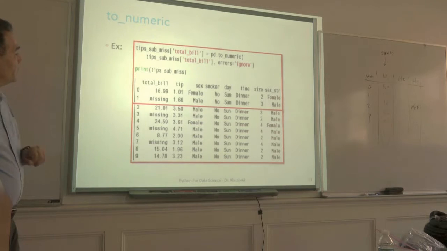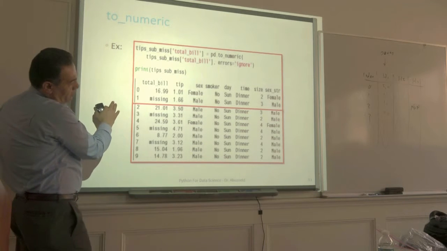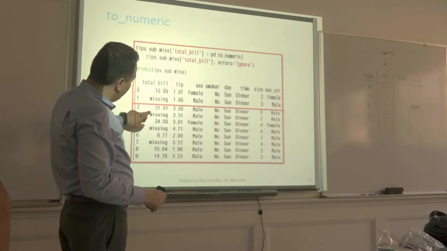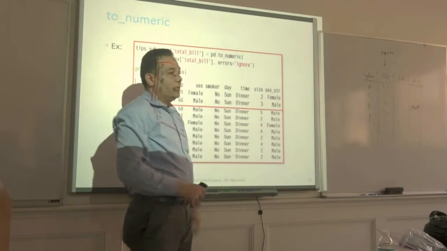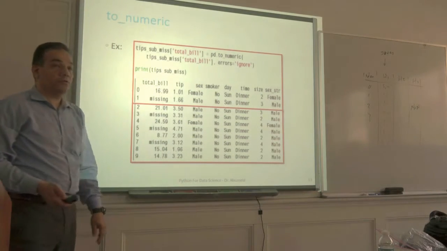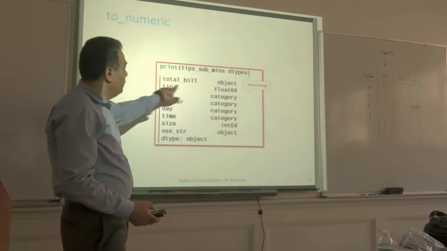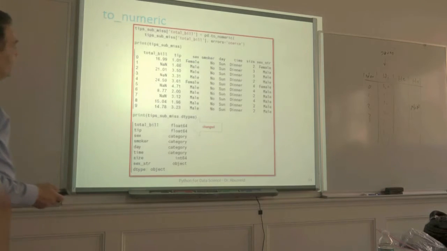So when I print this sub data frame I created, the missing values did not change anything. The reason for that is I said ignore the errors. So it will stay an object, it did not change because it has the data.